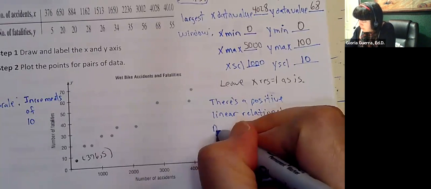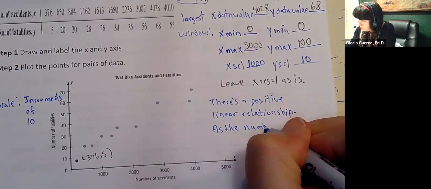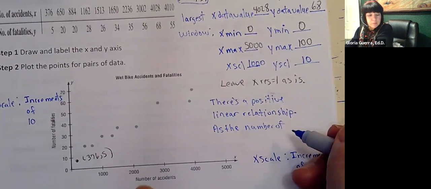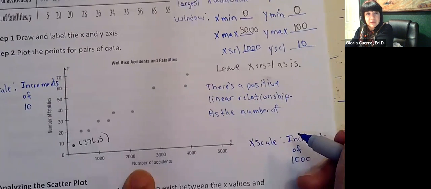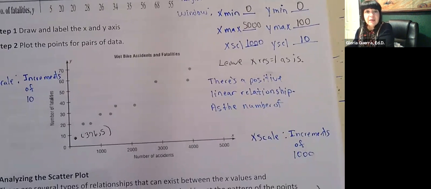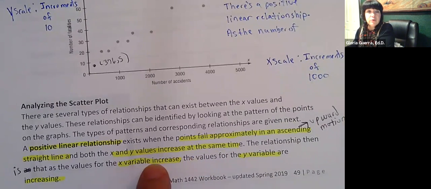So what's happening as the number of wet bike accidents, remember they said as the x variable increases, the y variable increases.